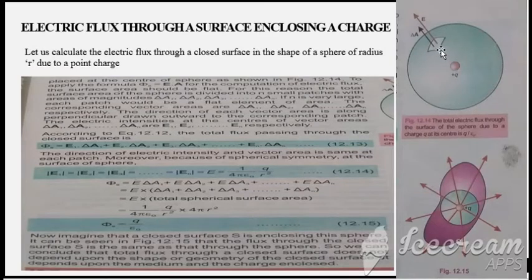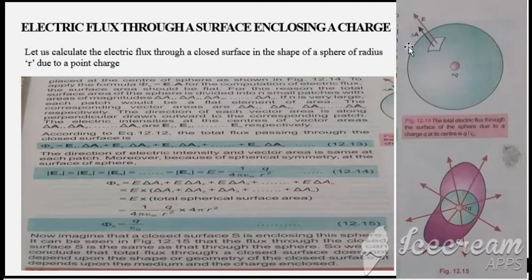This one is a closed surface in the form of a sphere. So for this, the total surface area of the sphere is divided into n small patches, infinitesimal patches that cannot be further divided, as these are not the total area but just a part of the total area.